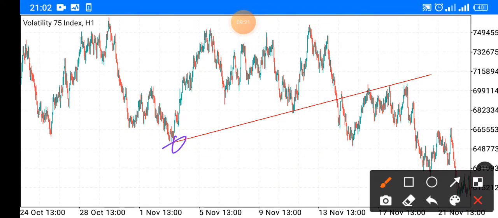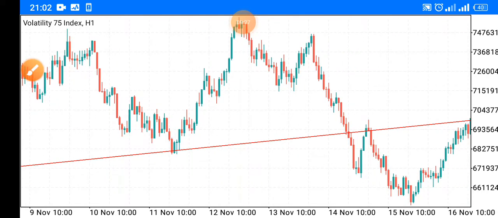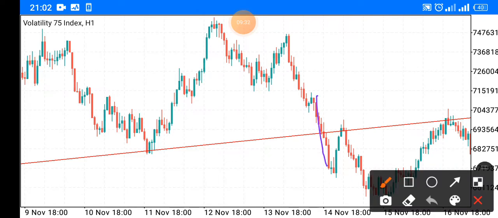This is the first point, and this is our second point. Let me zoom in our chart a little bit. Price moves impulsively downward, breaks out of the trend line, gets a pullback. So this is our first entry, and we get our second entry there.